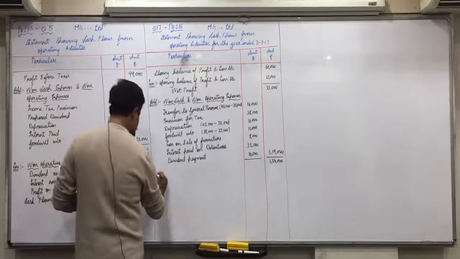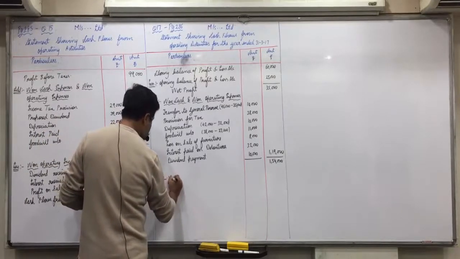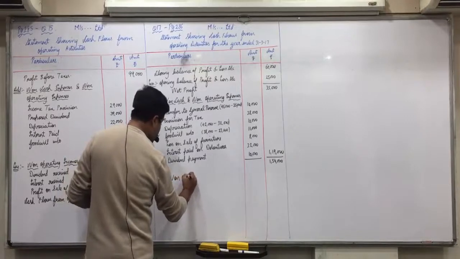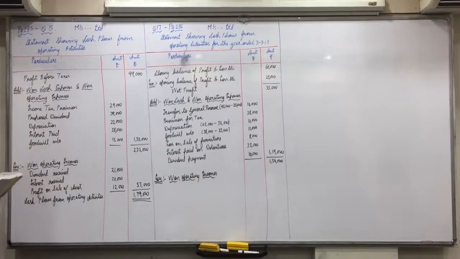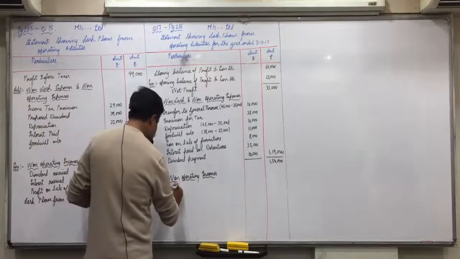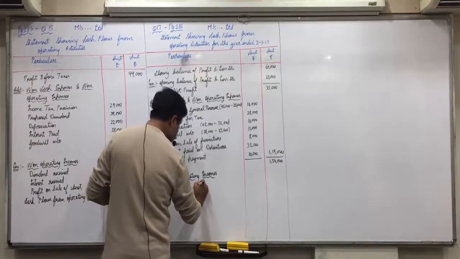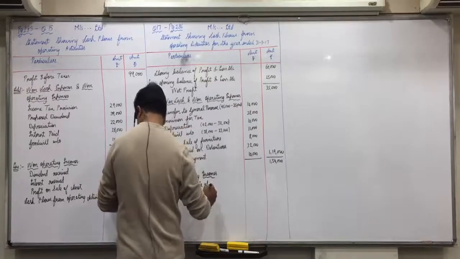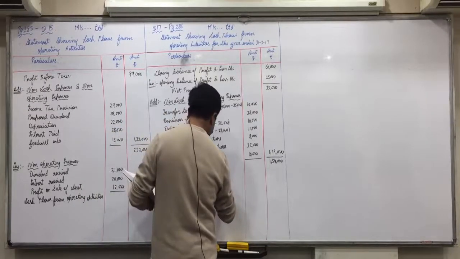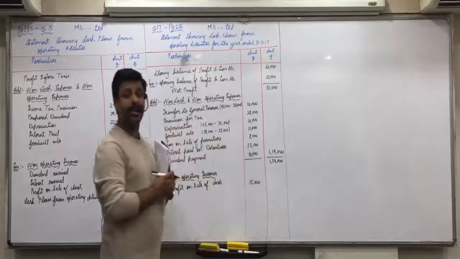So now we have to minus non-operating income. All the items marked as O minus except CA and CL. In the first table there is nothing. Below the table profit on sale of asset $15,000. Someone is continuously talking in between.